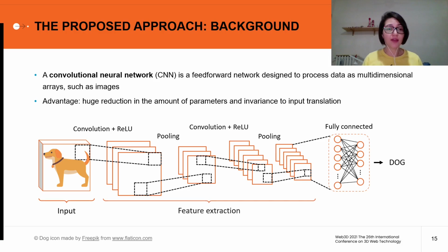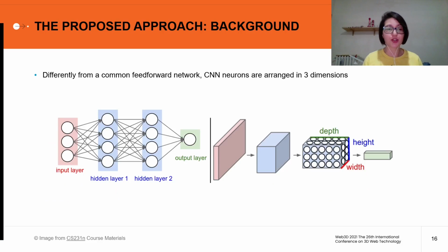This kind of network is composed of a first part responsible for feature extraction from low-level to high-level features, such as lines, edges, and then objects, such as recognizing the tail or the mouth. And the last part of the network is built with fully connected layers, and in this case performs classification.